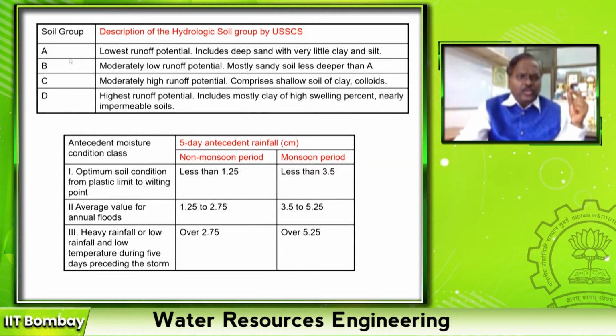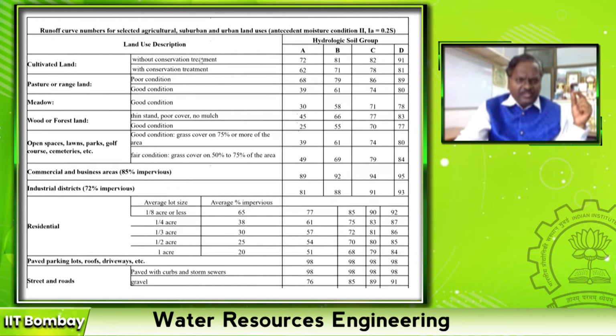For these 4 soil types and for different land use, they have given a number which varies from 0 to 100, but in this case you can find from a minimum value of some 60 or 70 to 95. They call this number the curve number, right?